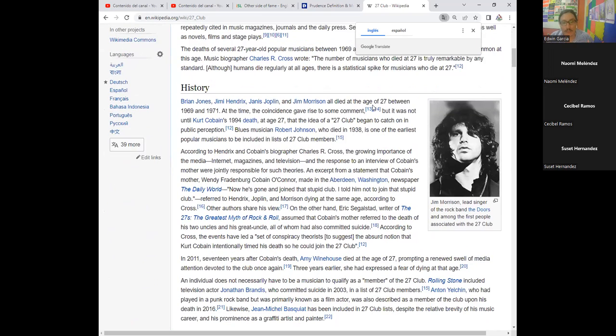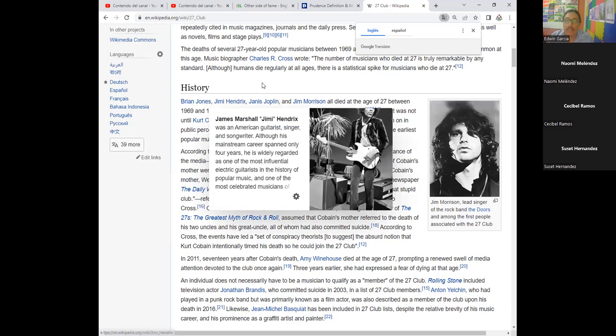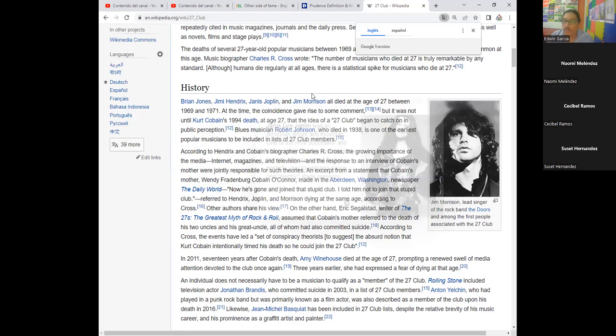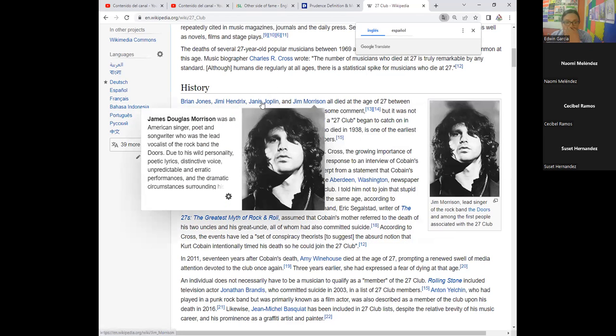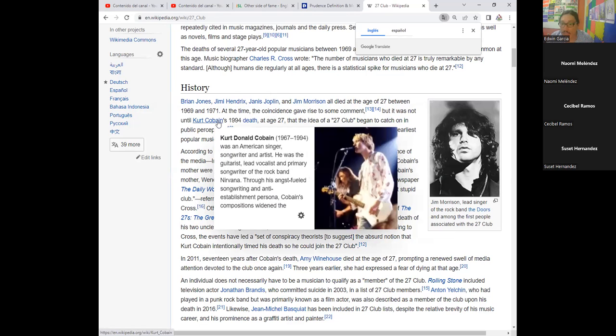We have here some greats of rock singers like Brian Jones, Jimi Hendrix, another one, and Janis Joplin, another rock singer. Jim Morrison is another that is in this group, and Kurt Cobain, for the 90s.